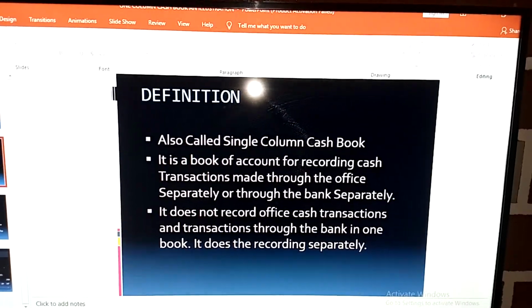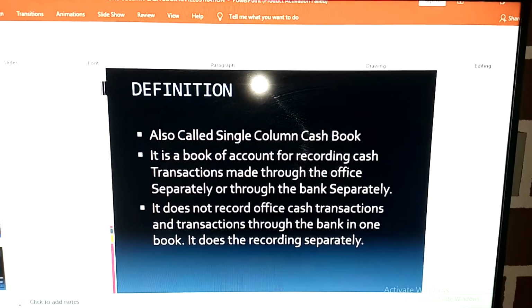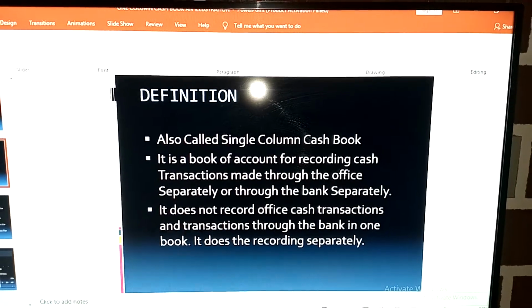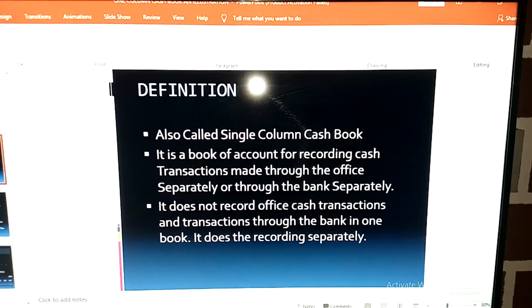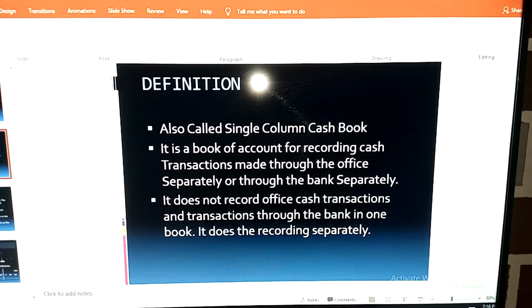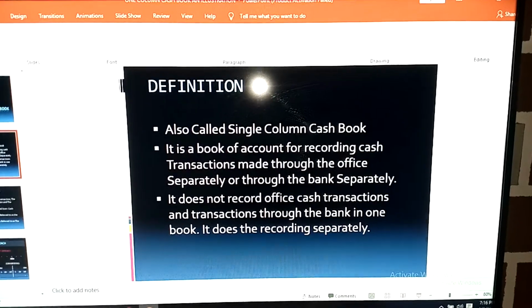It is a book of account for recording cash transactions made through the office separately and through the bank separately. It does not record office cash transactions and transactions through the bank in one book. It does recording separately.